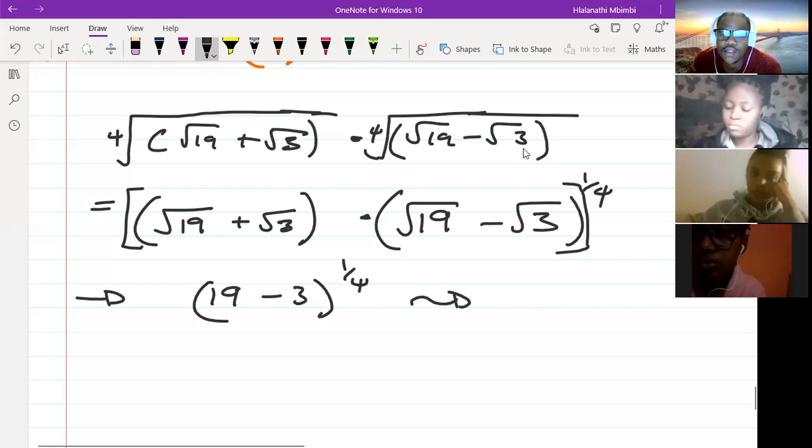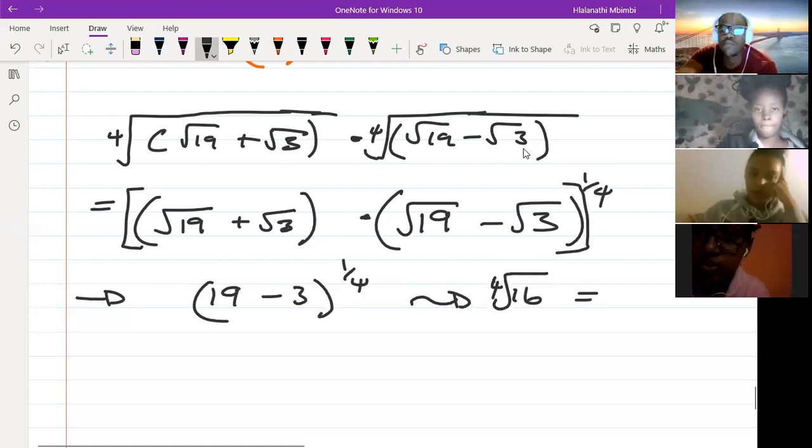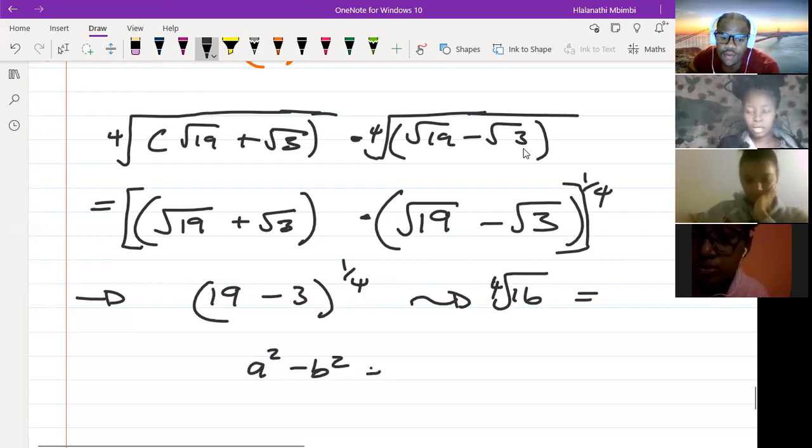Which is like 16. So what happened to the positive bracket? Oh, never mind. Difference of 2 squares, right?